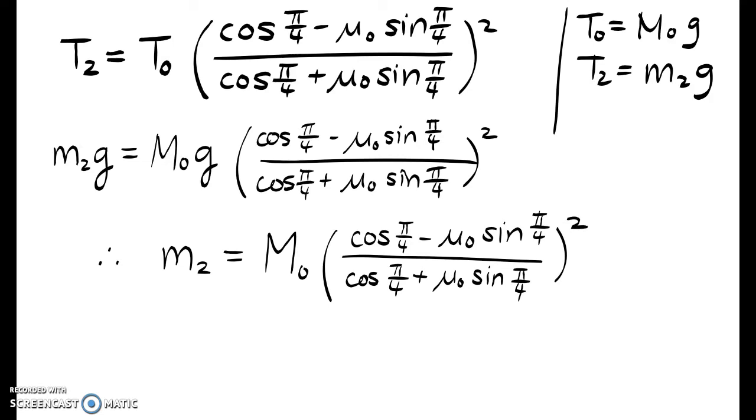So that is our answer for the relationship between M2 and M0, where M2 is the minimum mass of W2, which is the weight on the right-hand string, in order to keep the whole system at rest.